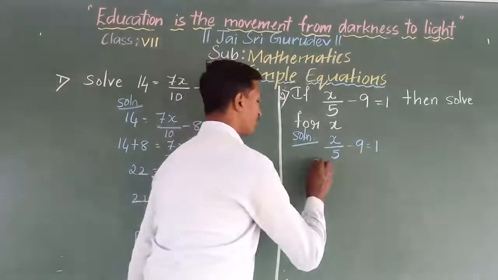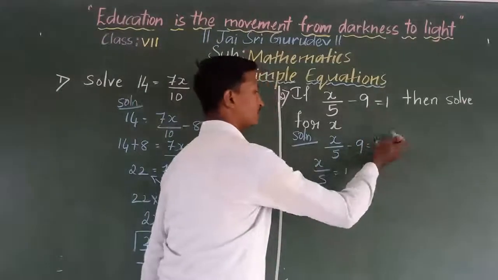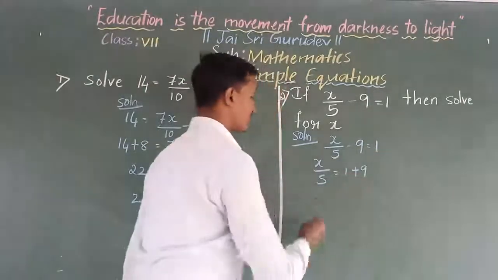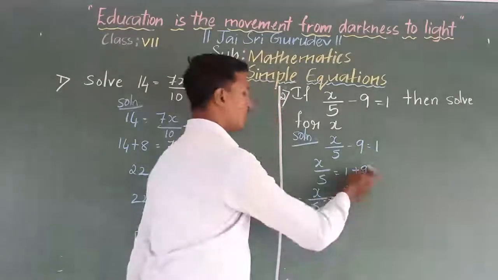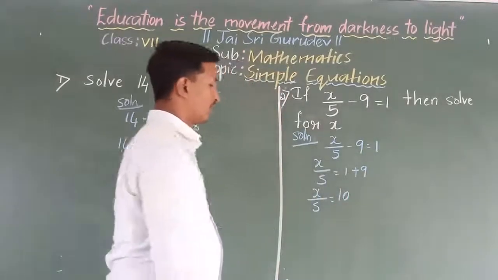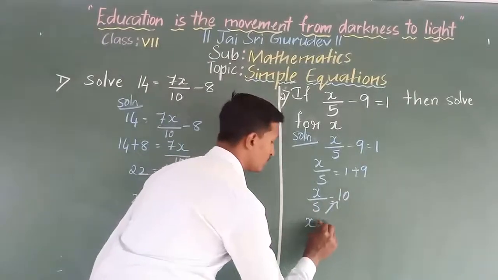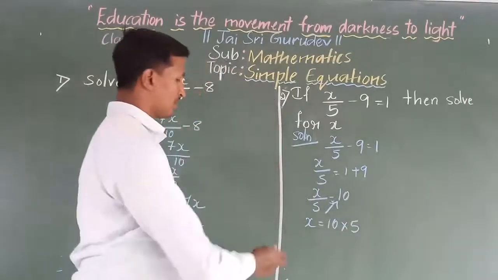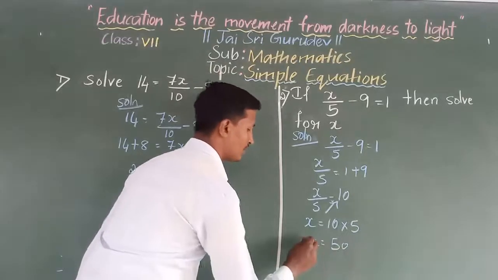x/5 = 1 + 9, because minus 9 to RHS becomes plus 9. So x/5 is equal to 1 plus 9, which is 10. Now we have to cross multiply with 5. x = 10 into 5, so x = 50.